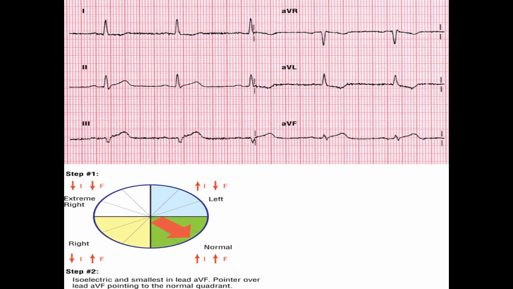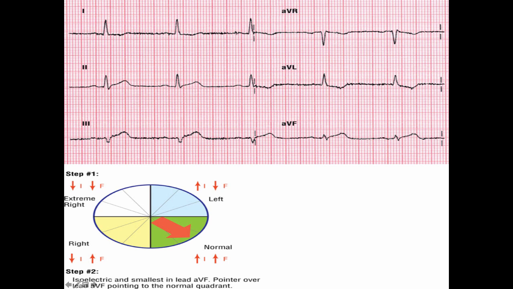So let's put all this into practice. All we're doing is picking a quadrant, and we're looking at lead 1, we're looking at AVF. And that's it. That's all we do. Lead 1 and AVF. So here, I've got the first half of the 12 lead, with the limb leads isolated, and lead 1 definitely upright.